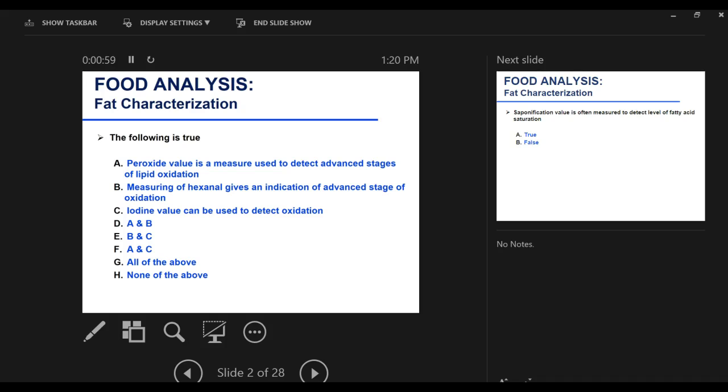But these two, from what you know in lipid oxidation, what would be primary oxidation products versus advanced stages oxidation products? From that, if you just look at A and B, are these both correct? One of them is correct.